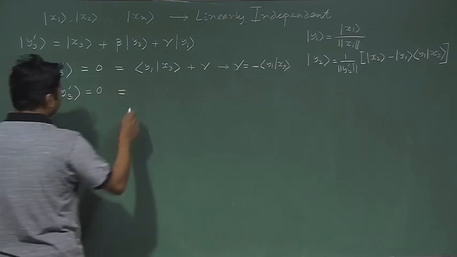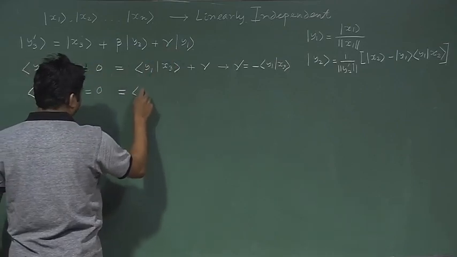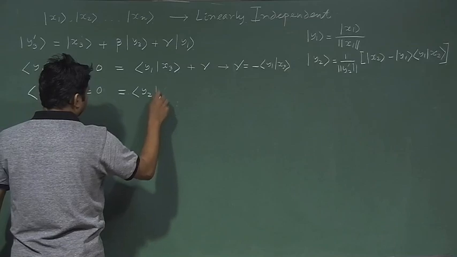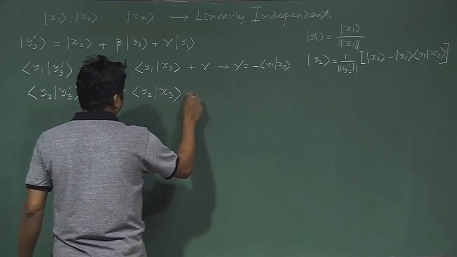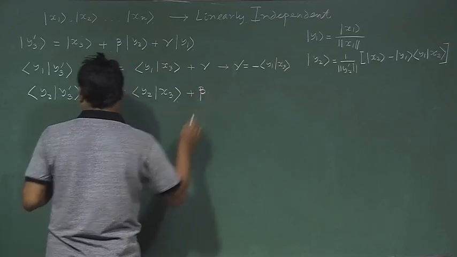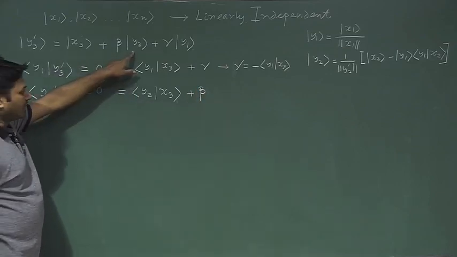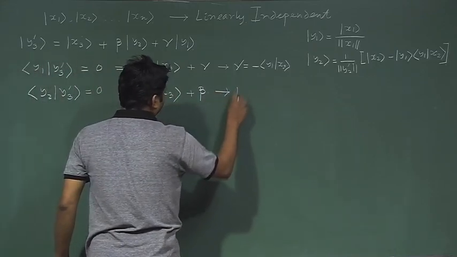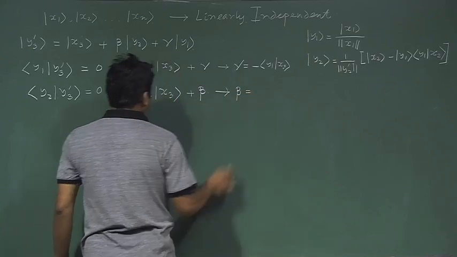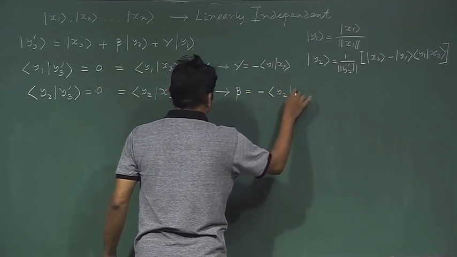If I operate, this term will vanish. The first term will be this, and the second term will be simply beta, because y2 y2 will be 1, and this term will vanish. So, from here also I can find my beta, which is this.